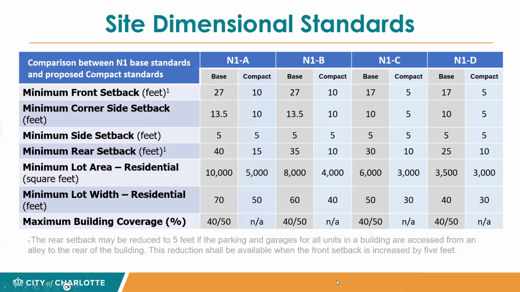What we have heard loud and clear is that what really controls how many units are fitting on the site is the width of the lot, the minimum lot area, and the max building coverage. So this is fairly similar to what you get with conservation, but remember in compact, it's an extra 10% of common open space. Next slide.